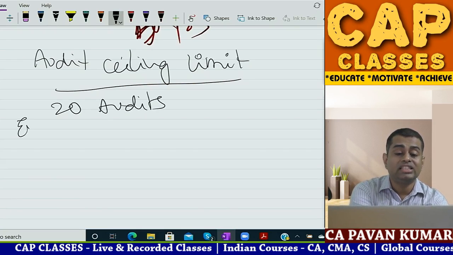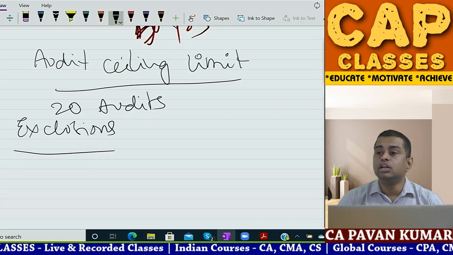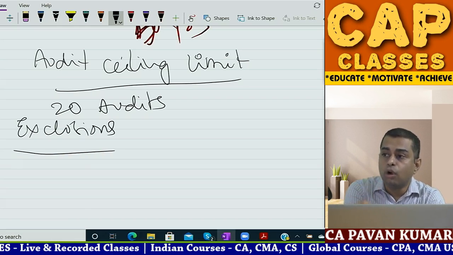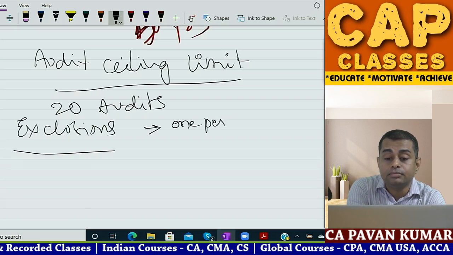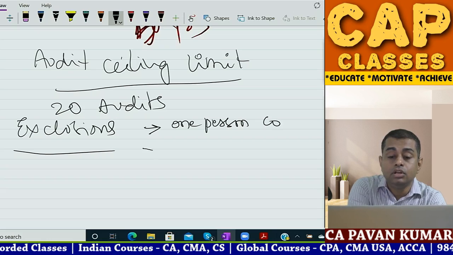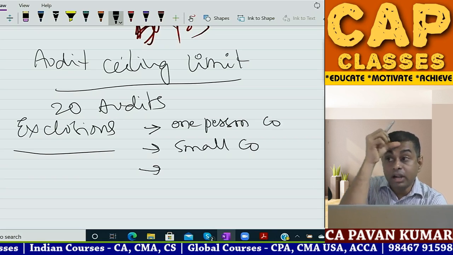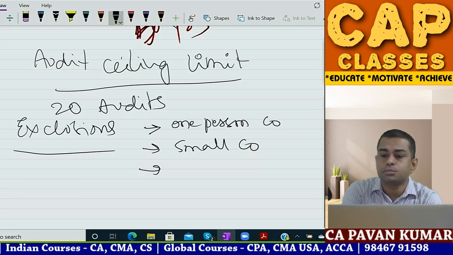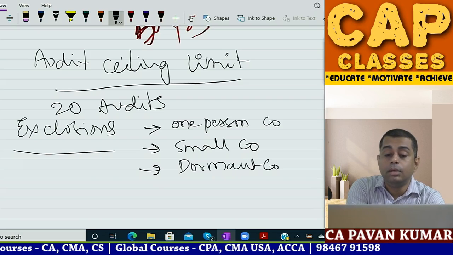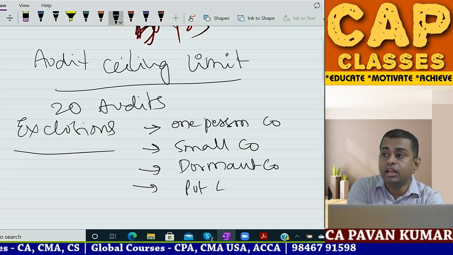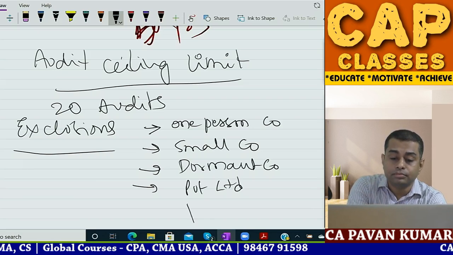So exclusions. What are all the exclusions? One person company, small company, dormant company, private limited company having paid up capital of less than 100 crores.